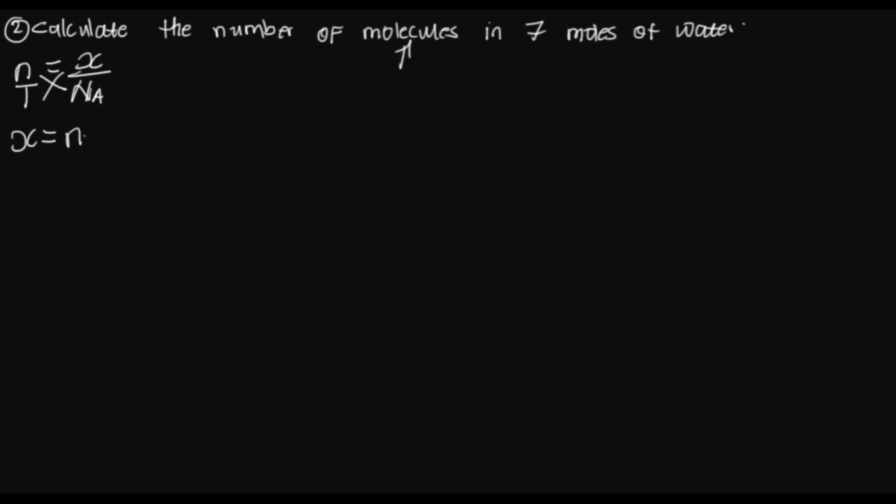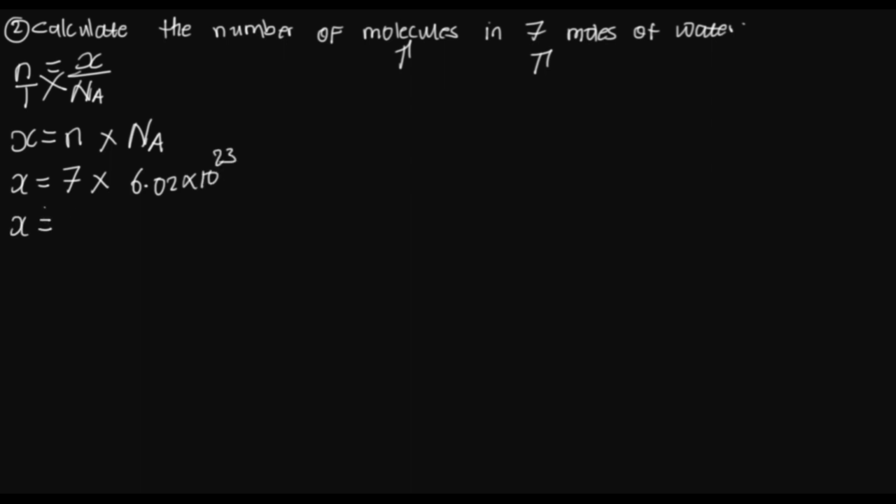Then here we are going to have number of moles multiplied by Avogadro's constant. So for the number of moles, we can see that we have 7 moles multiplied by Avogadro's constant, which is 6.02 times 10 to the power 23.